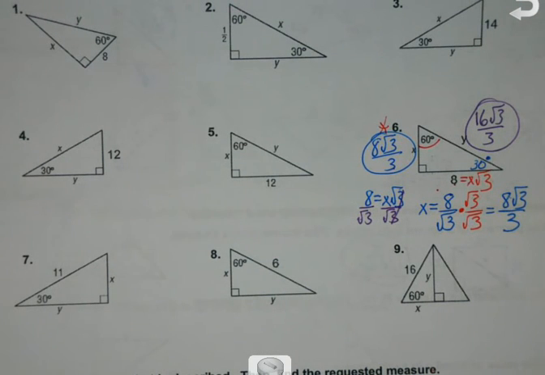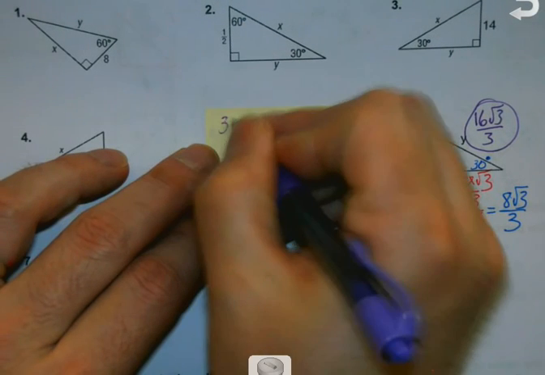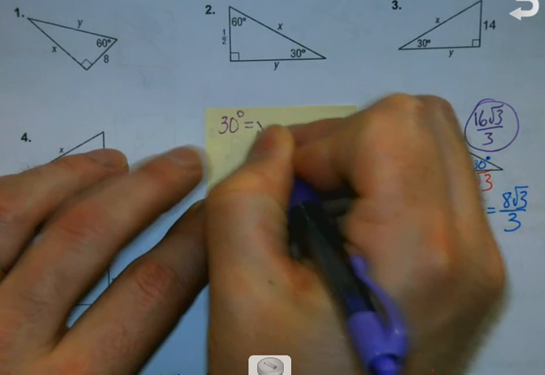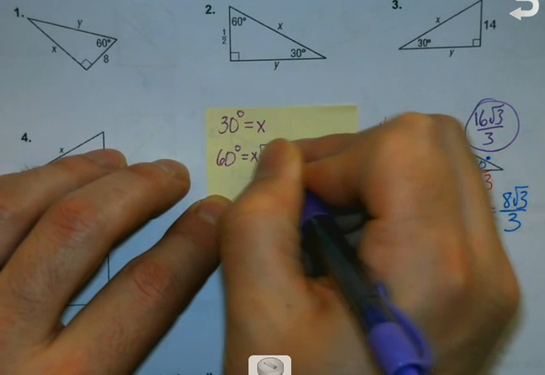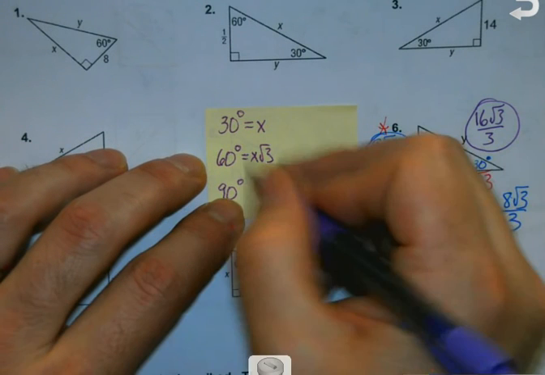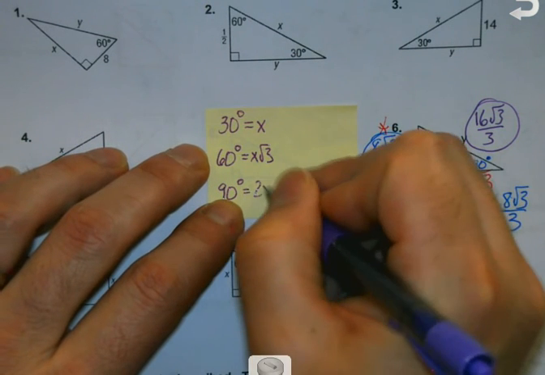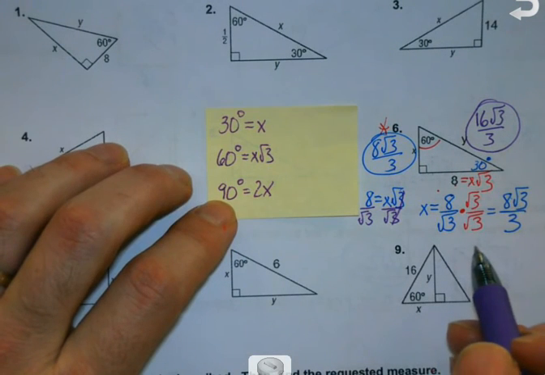Because when we're looking at the patterns on these, here's how my patterns work again. My 30 degree is x. My 60 degree is x square root of 3. And my 90, my hypotenuse, is 2x. So here's where I got that from.